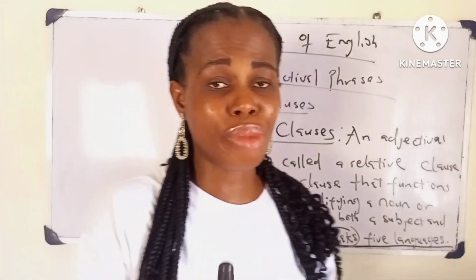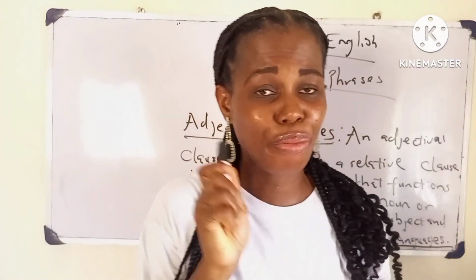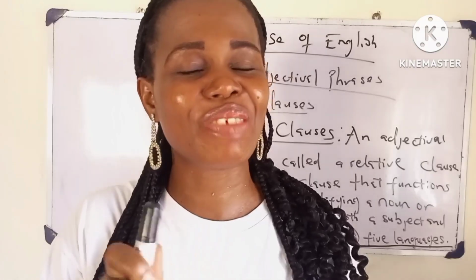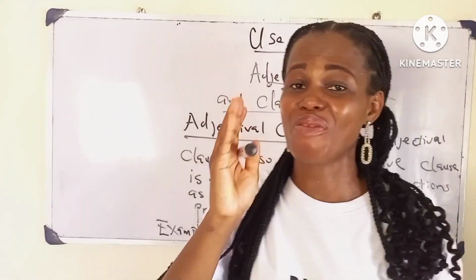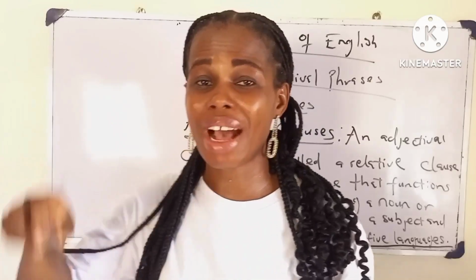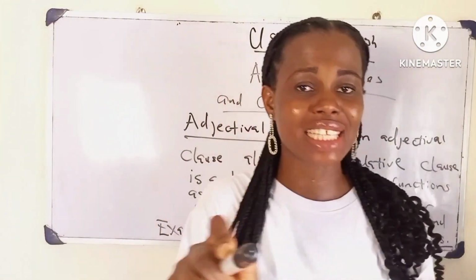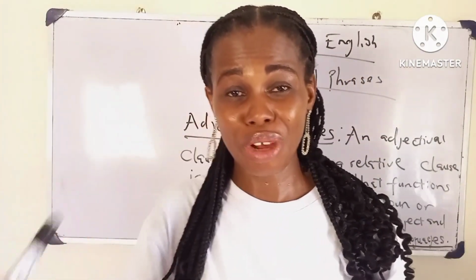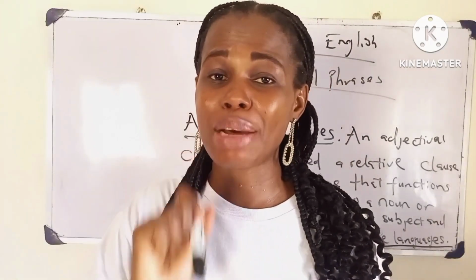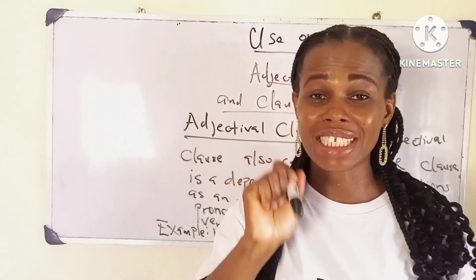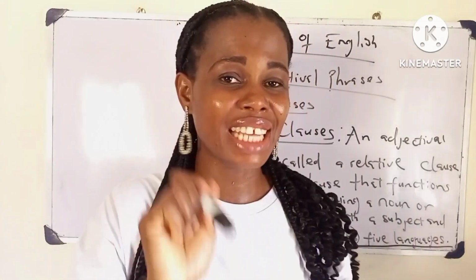Another thing I did not mention, which is very, very important, is that adjectival phrases and adjectival clauses always come after the noun or pronoun that they are describing or qualifying. Take note of it.